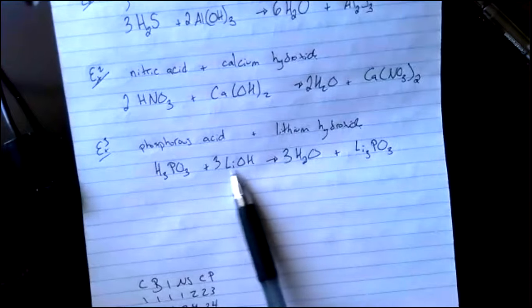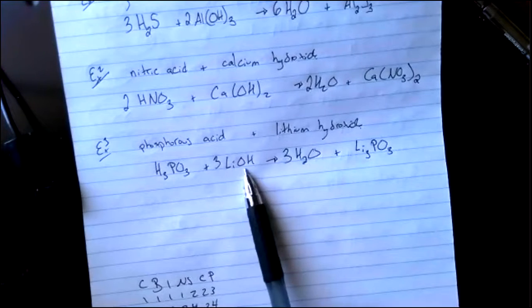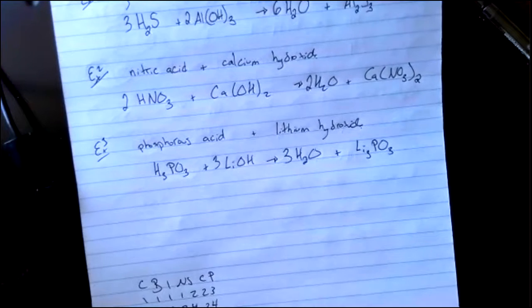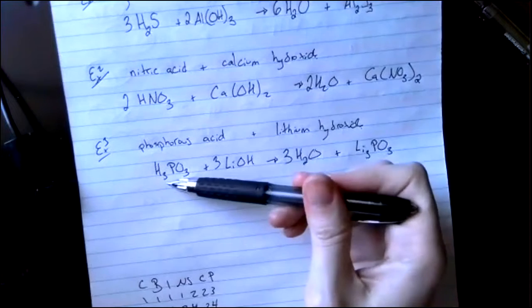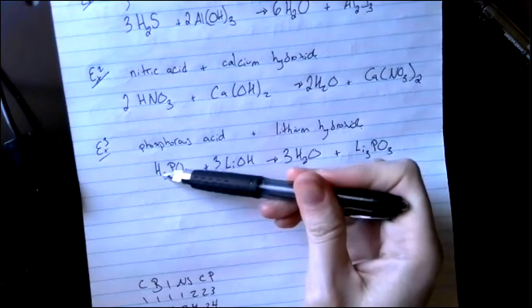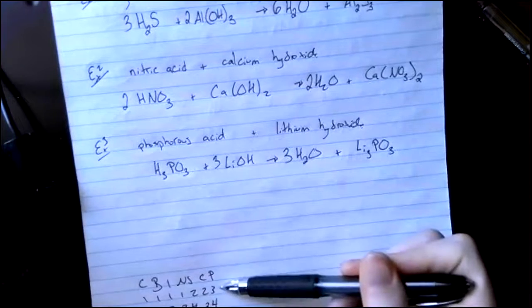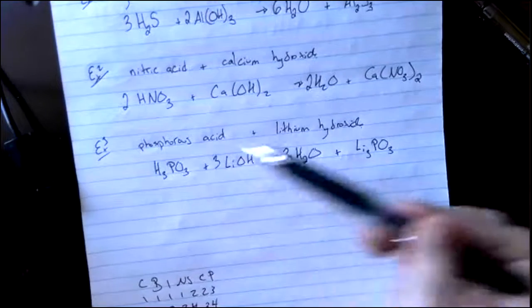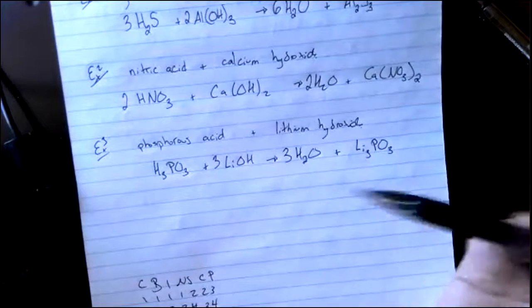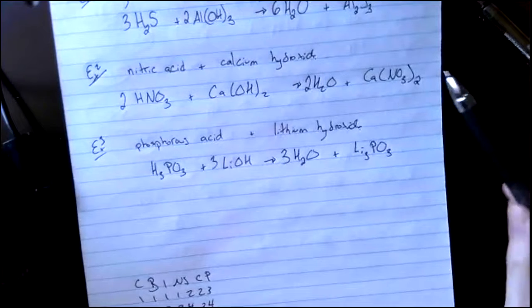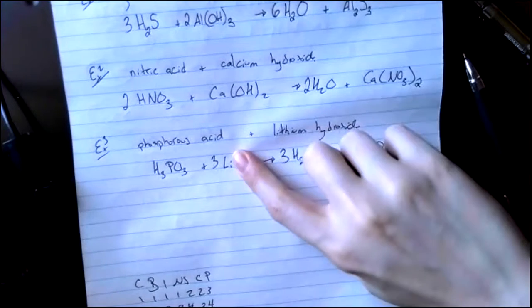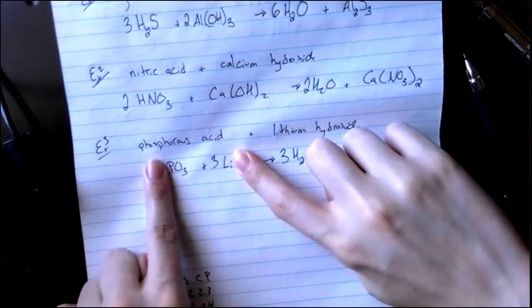I'm then going to react it with my lithium hydroxide. Both of those have charges of 1. Sorry, by the way, for this acid, this 3 is coming from the charge of our phosphite ion. And then we make a water because it's a neutralization reaction. And then my salt is whatever I have when I take away my OH and my H's.